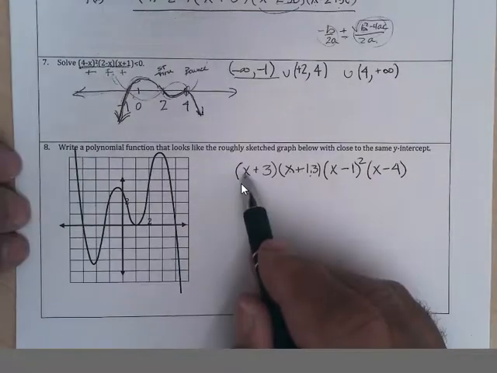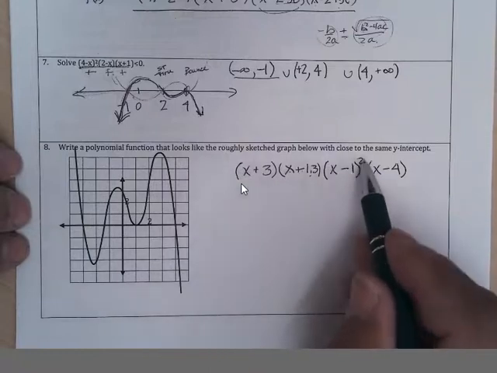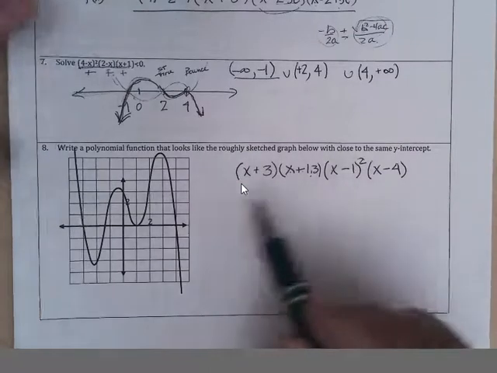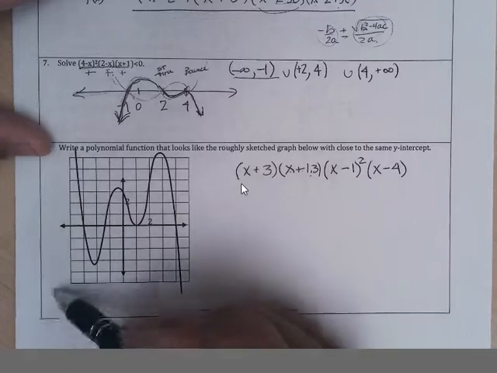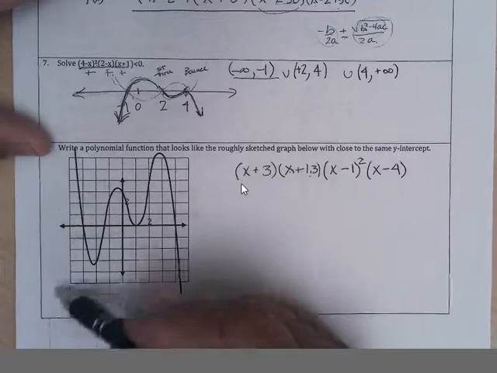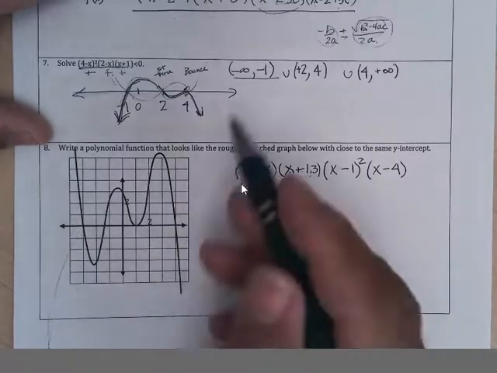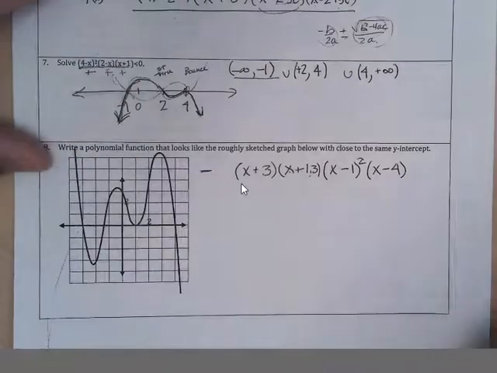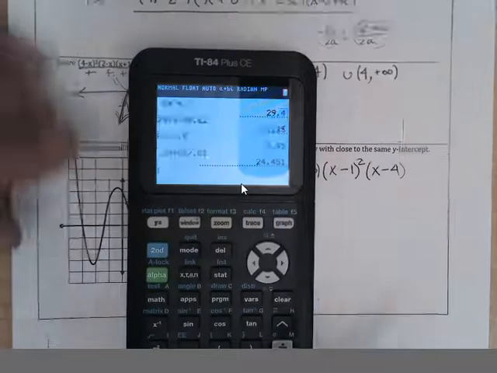Now, x times x times x times x times x, that's degree 5. And with degree 5, negative numbers to the 5th would always be down. This is up. So I know it has to be negative to turn it the right direction. And I'll just check that.